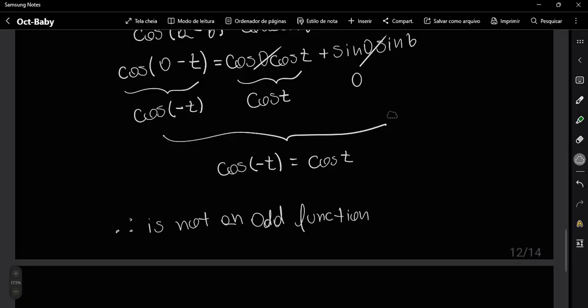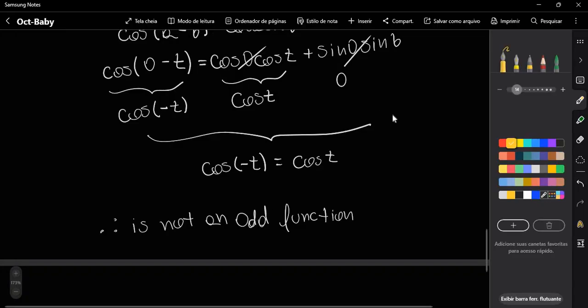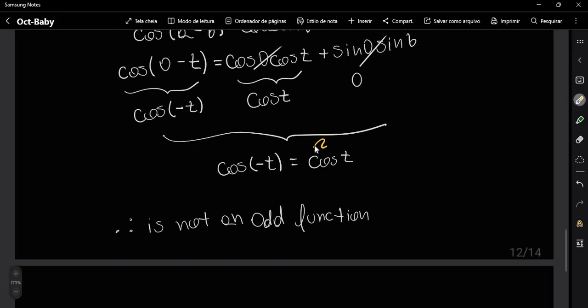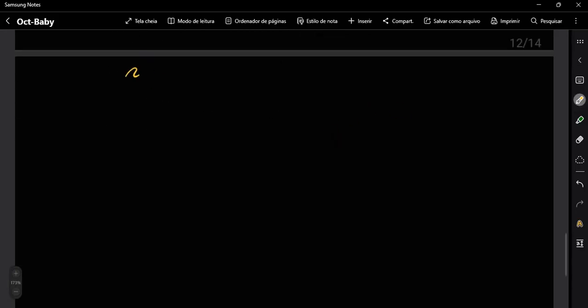Okay, let's see another example. We are just working trivial examples, basic examples, and you see that it's not so hard as it looks.